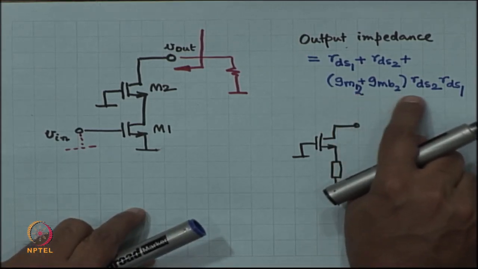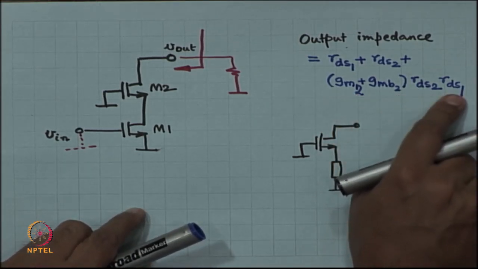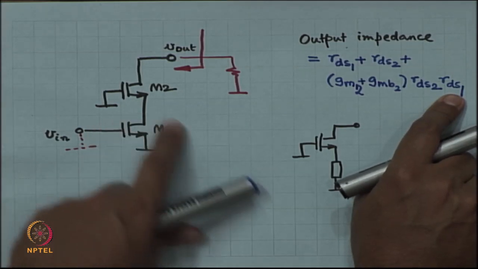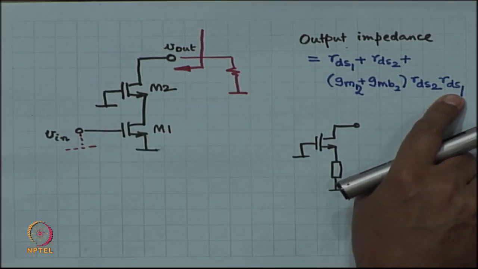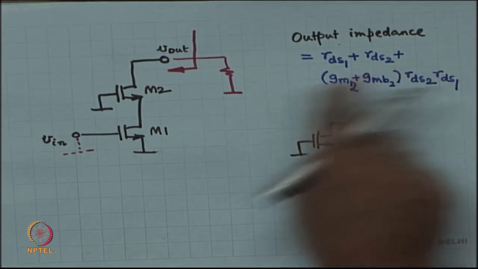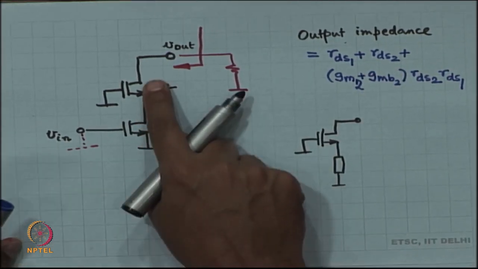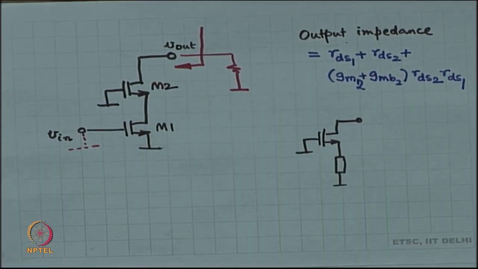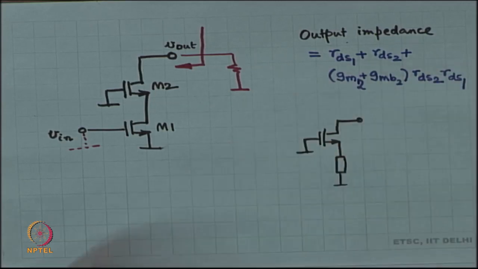Intrinsic gain times RDS 1, because this MOSFET is only RDS 1, there is nothing else in it, plus RDS 1 plus RDS 2. Okay. You need to memorize this formula, you have not clearly. Okay. Done. Output impedance is done. Now, what we have to do?